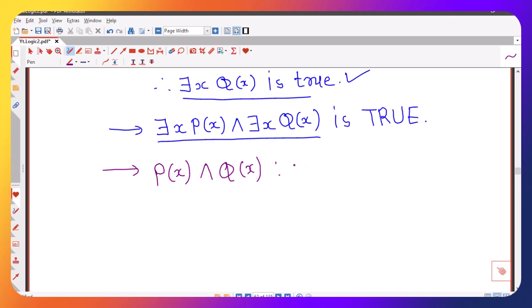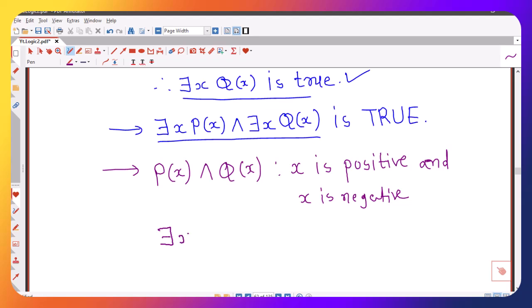So p(x) and q(x) means x is positive and x is negative. And we have to check whether there exists x such that p(x) and q(x) is true or false.